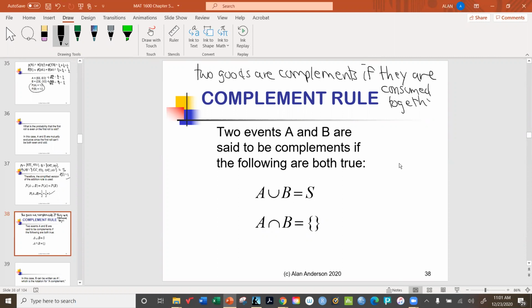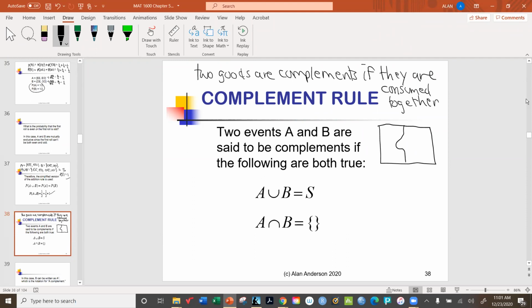Like our classic peanut butter and jelly. Would you ever eat a plain old jelly sandwich? No. How about a peanut butter sandwich? Maybe, but they go together so well. So here the word complement means something a little different. It's kind of the same idea. They somehow go together, except that it's more like this. Imagine if you bought a picture puzzle and it only had two pieces for some weird reason.